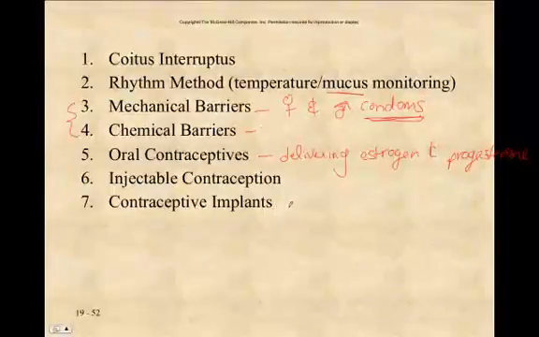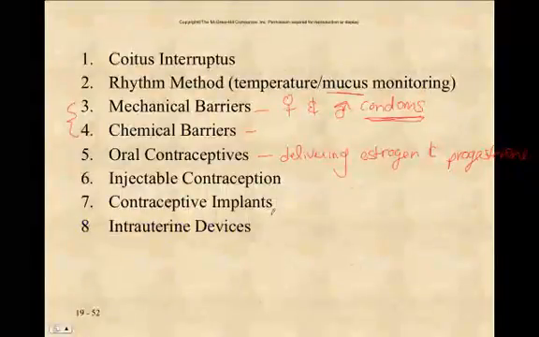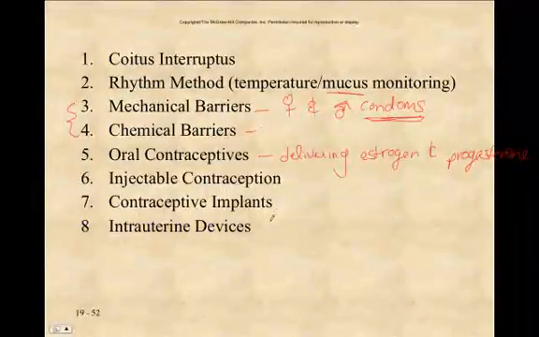Contraceptive implants are another method, things like your IUDs that will release progestin. Then you have your intrauterine devices, your IUDs. Not all IUDs release contraceptives. Some IUDs release contraceptives like progestin, which is a synthetic progesterone.